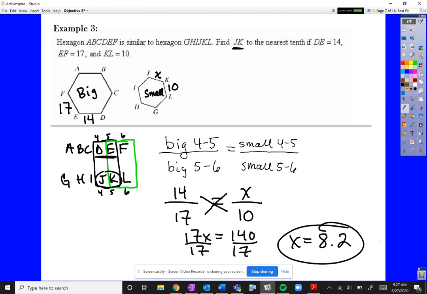If you're going to do the big over big and small over small, you need to make sure you do the big side that connects positions 4 and 5 over the one that connects 5 and 6, and you need to do the same pattern with the small hexagon as well. Okay, so we should be good for 56. See you back here in a second to start on 57.